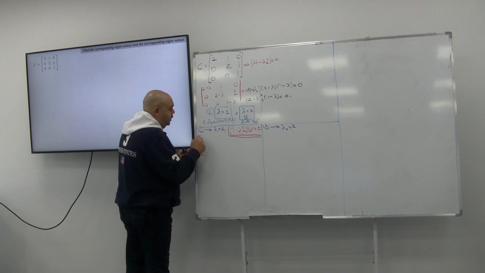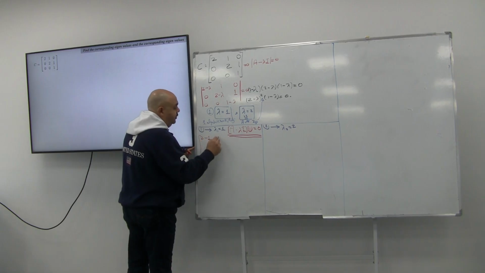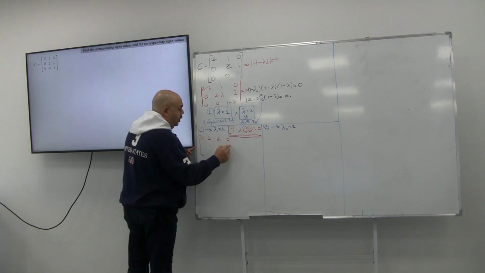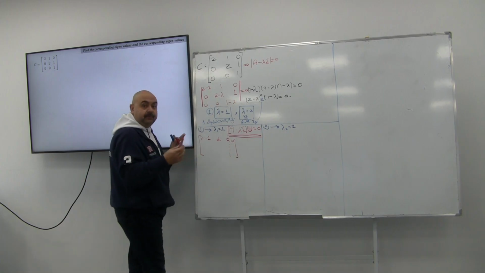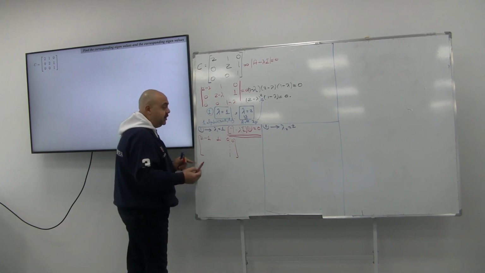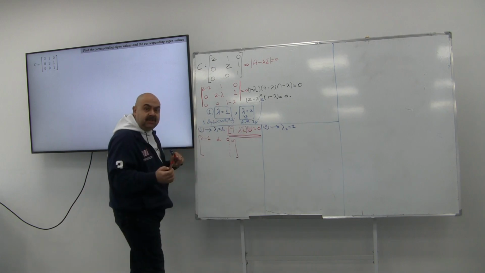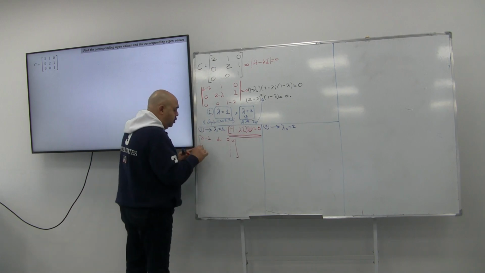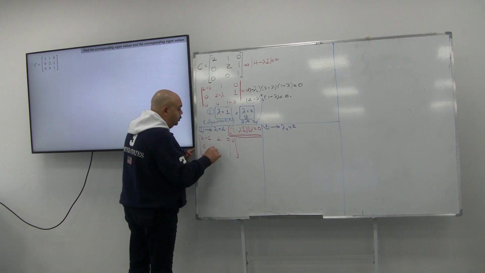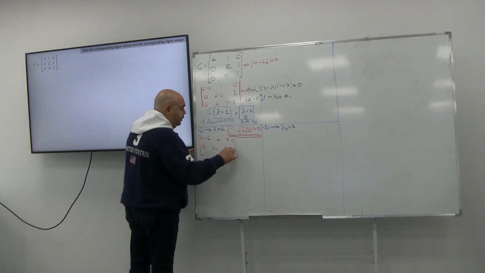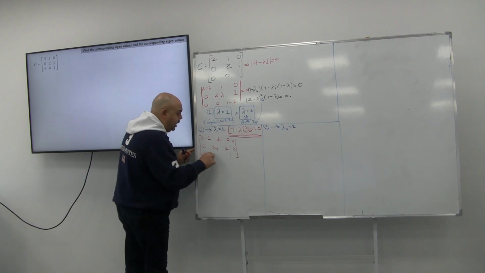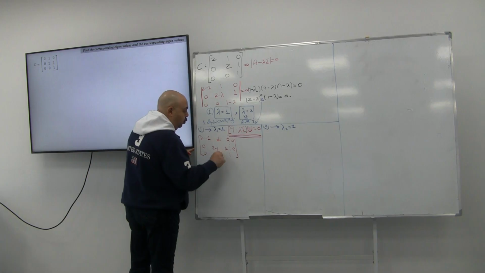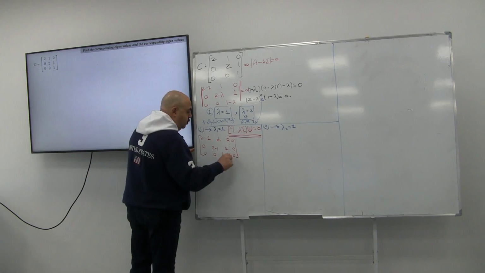The first entry is 2 minus lambda, which is 1, then 1 and 0. This is the general form of the augmented matrix generated by this homogeneous system of equations. For the second row, it's going to be 0, 2 minus 1, 1, then 0. For the last one, it's going to be double zeros, then 1 minus 1 equal to 0.